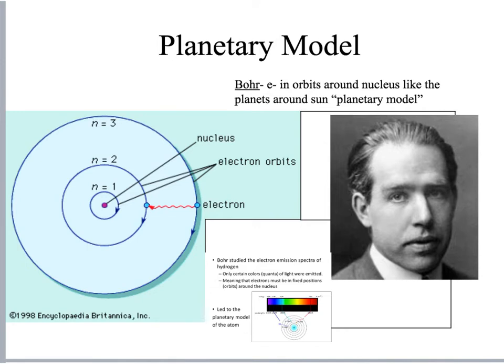He, like his buddy Rutherford, also has the most prestigious award in science that you could possibly earn, and that is an element named after you. So he is element number 101, Bohrium, named after Mr. Niels Bohr.